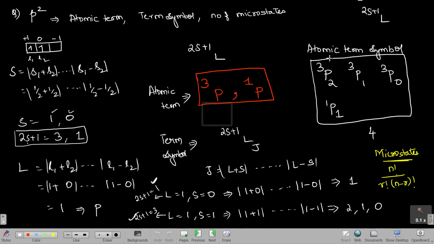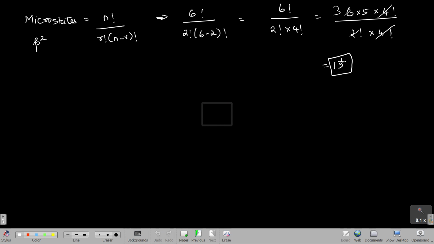One more thing you need to know: you can find the microstates from these two terms on your own, because whenever a configuration is given, the formula for the microstate is 2S plus 1 into 2L plus 1. If you find the microstate for triplet P and for singlet P and add them together, you will get the same value 15, which you can check for yourself.